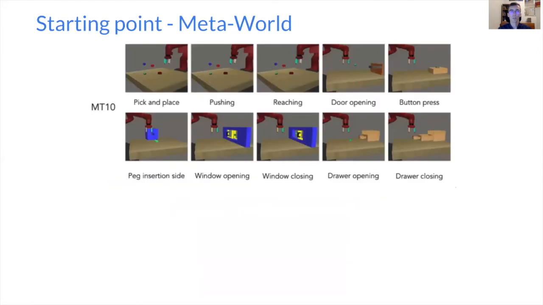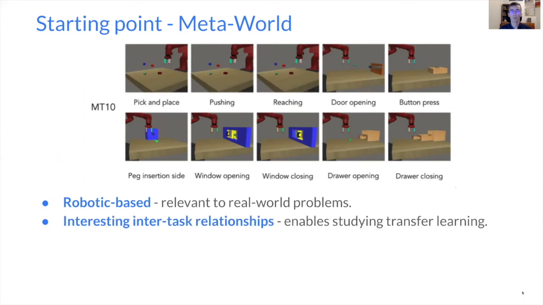So our starting point was Metaworld, which is a robotic benchmark, which is focused on meta-learning and multitask learning. So first, it is robotic-based, which is relevant to real-world problems. It has interesting inter-task relationships with potential for meaningful transfer.